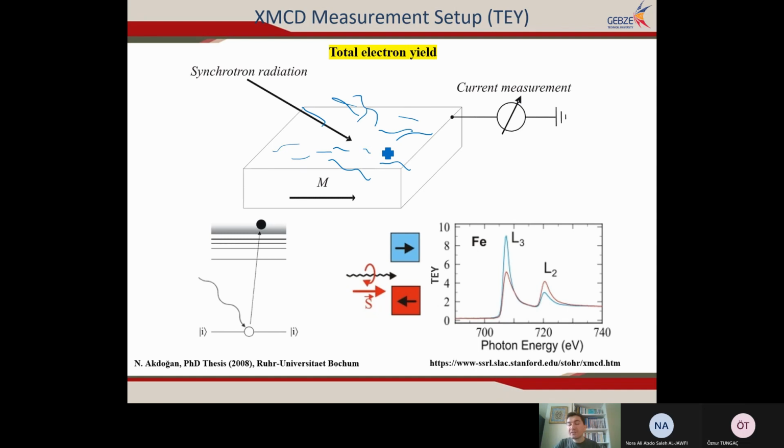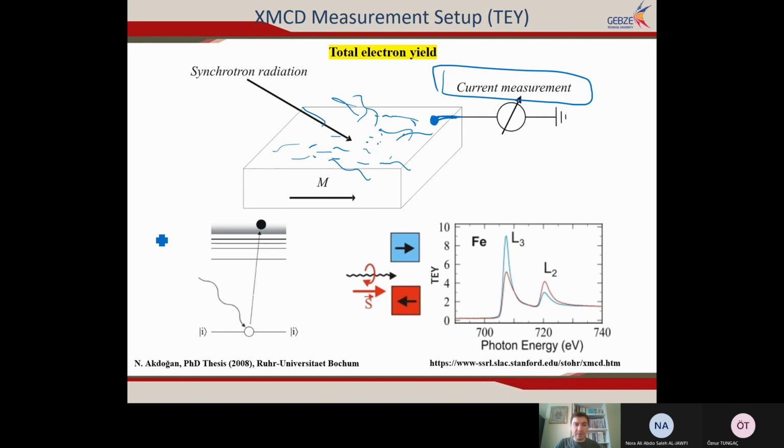Some portion of these electrons can reach the surface of the material. If you make a contact on the surface, you can measure the current, and it is proportional to the absorption within the material, okay?